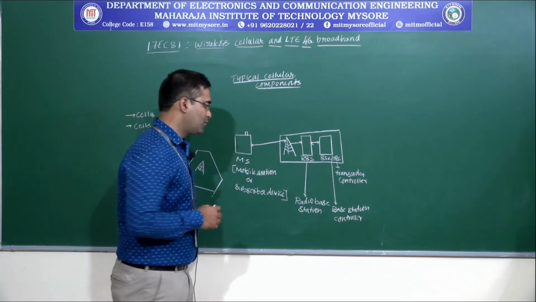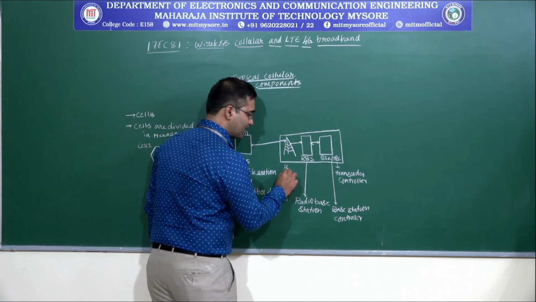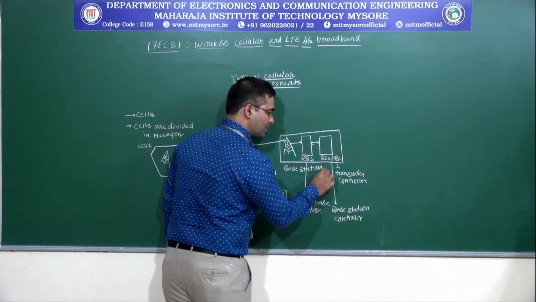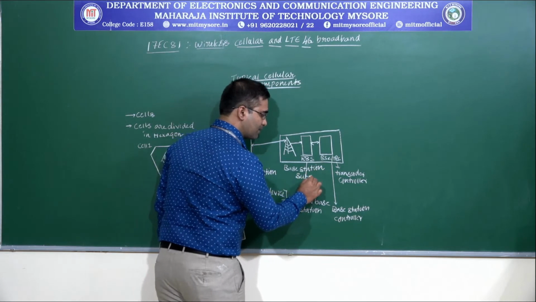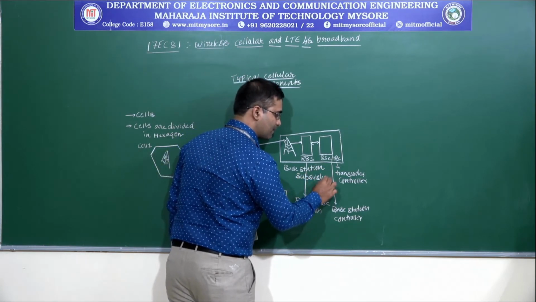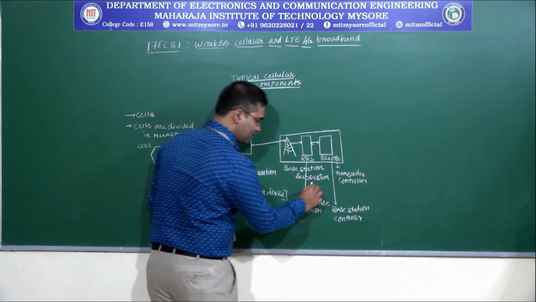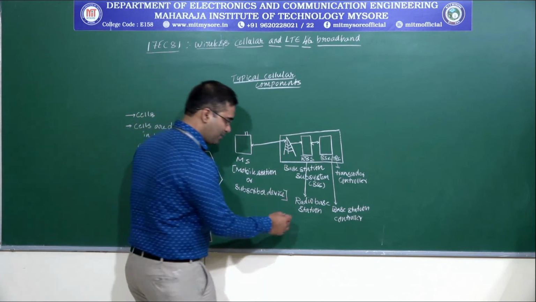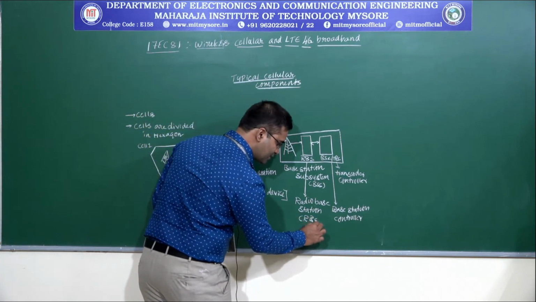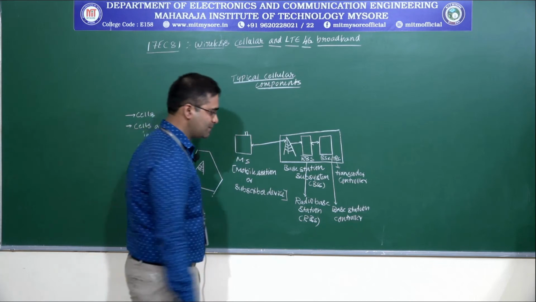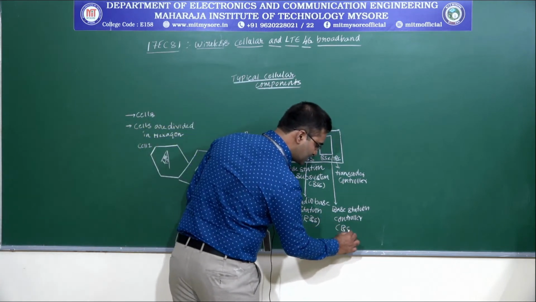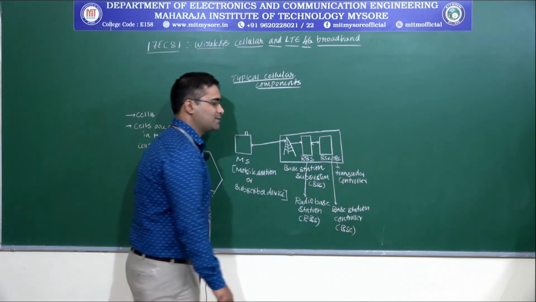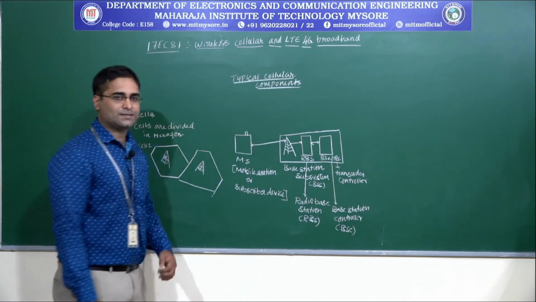In whole, we call it the base station subsystem, or in short BSS. Radio base station can be represented as RBS, base station controller as BSC, and the transcoder controller, as we have told, is represented as TRC.